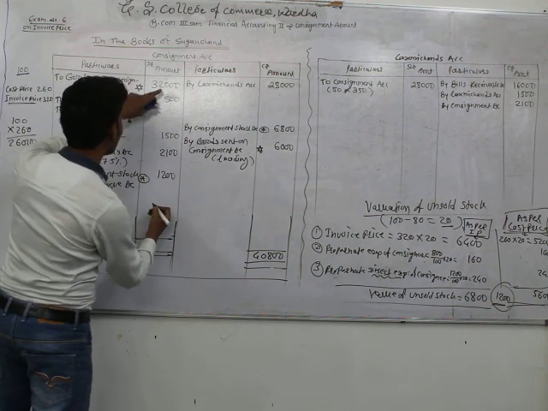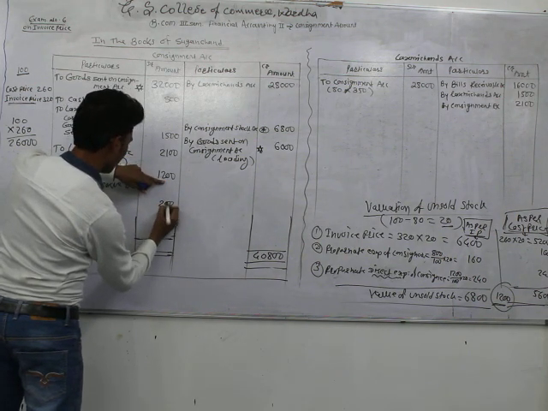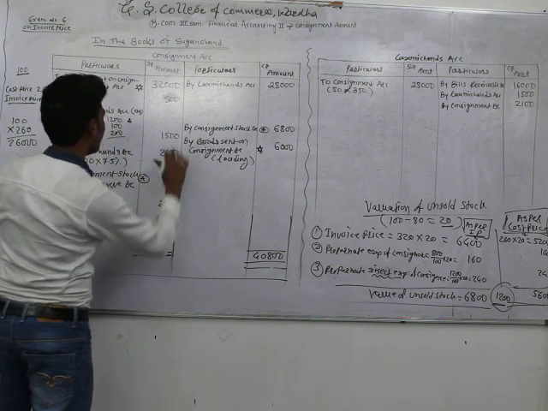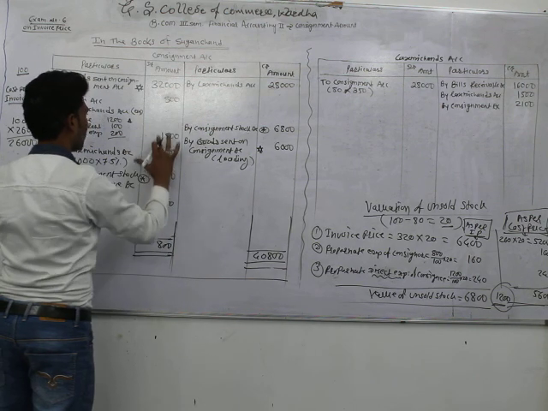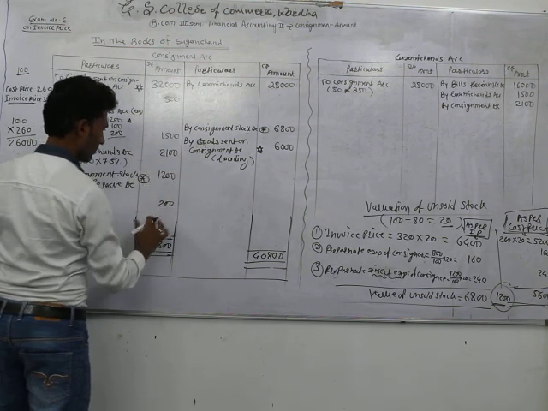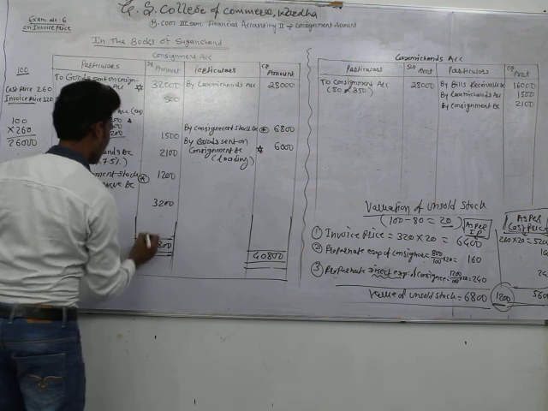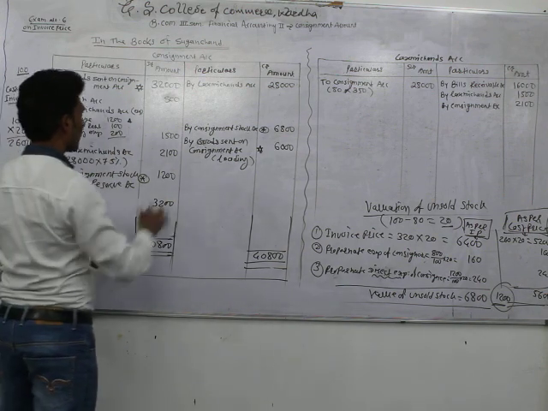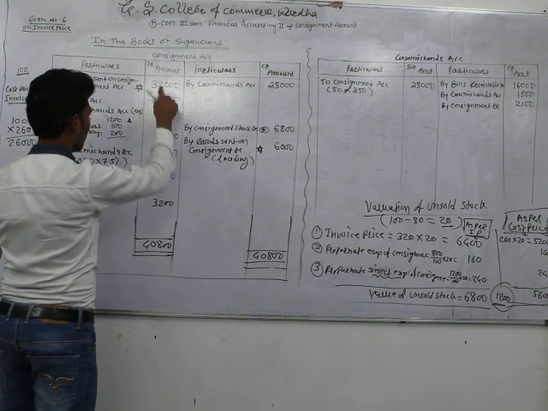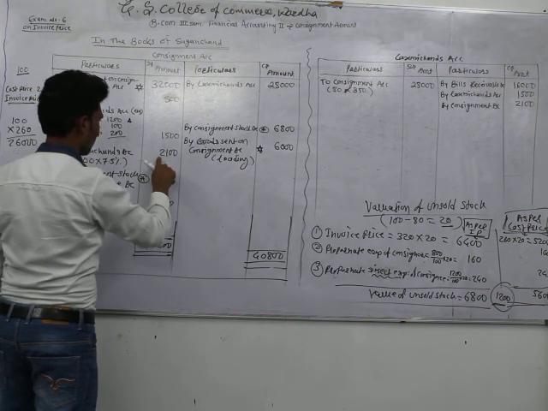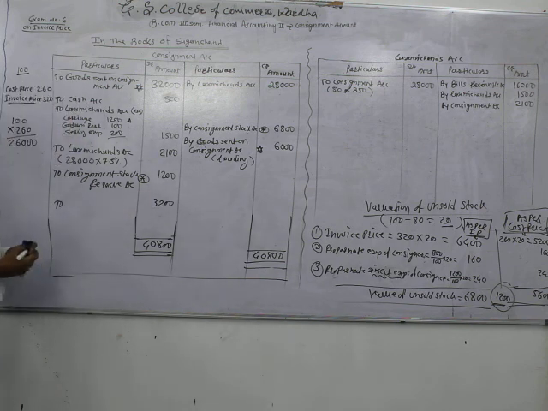Find out the profit. They have a profit of rupees 3,200.